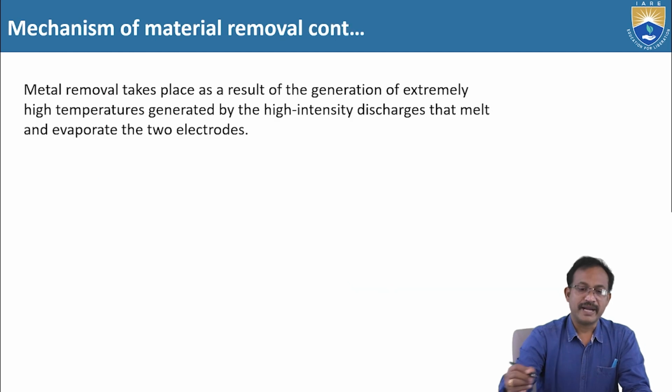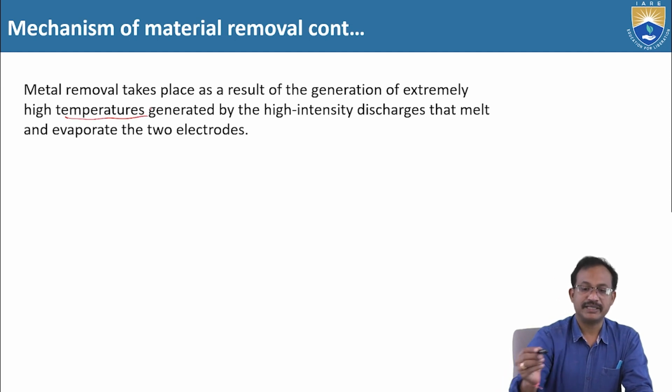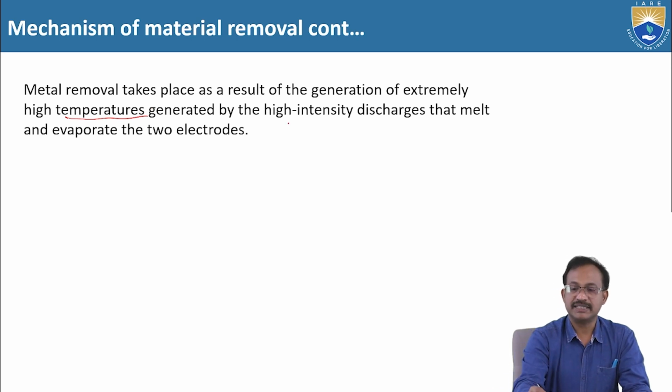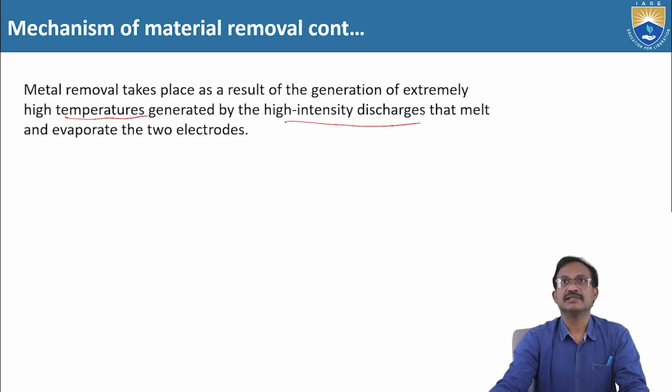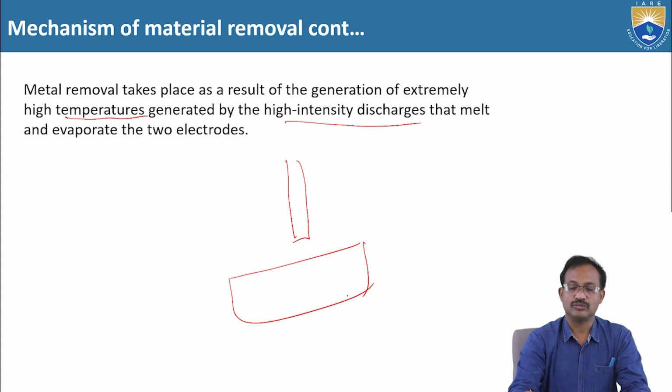Okay, metal removal takes place as a result of generation of extremely high temperatures generated by the high intensity discharges that melt and evaporate the two electrodes. Okay, so here workpiece and the tool.